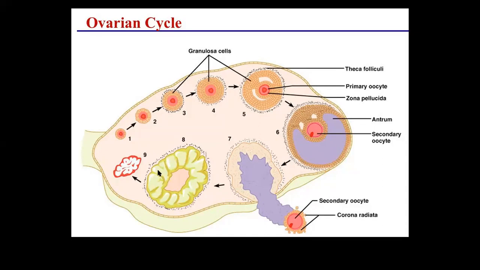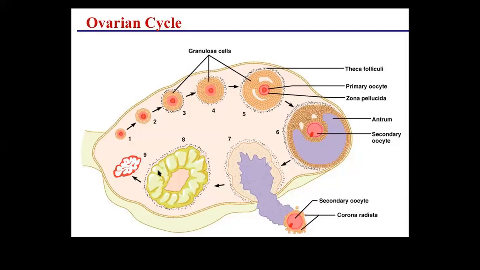Okay, so we have corpus luteum to flow chart. You can make a flow chart: corpus luteum formation and what is the fate. Fate, if fertilization occurs, then it is called as corpus luteum of pregnancy. If fertilization does not occur, it is called as corpus luteum of menstruation. Okay, what is the time limit?